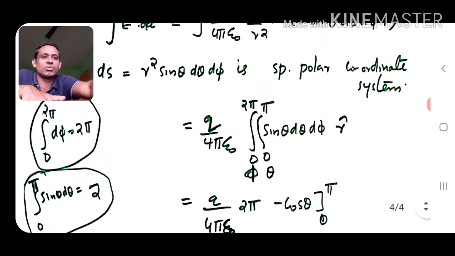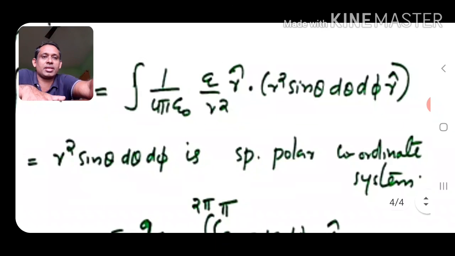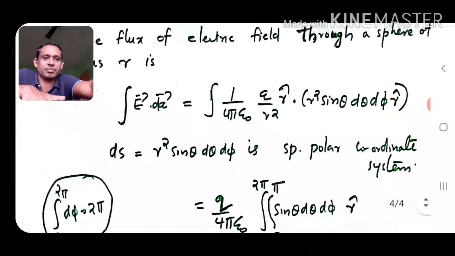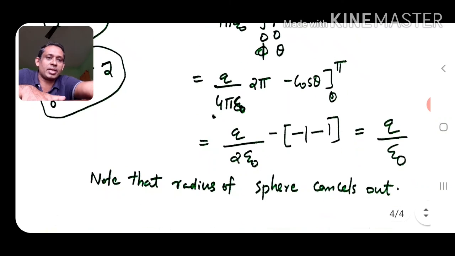The r square in the area element gets cancelled by the r square in the denominator. So what you are finally getting is q by epsilon 0. What we have to note here is that the radius gets cancelled.